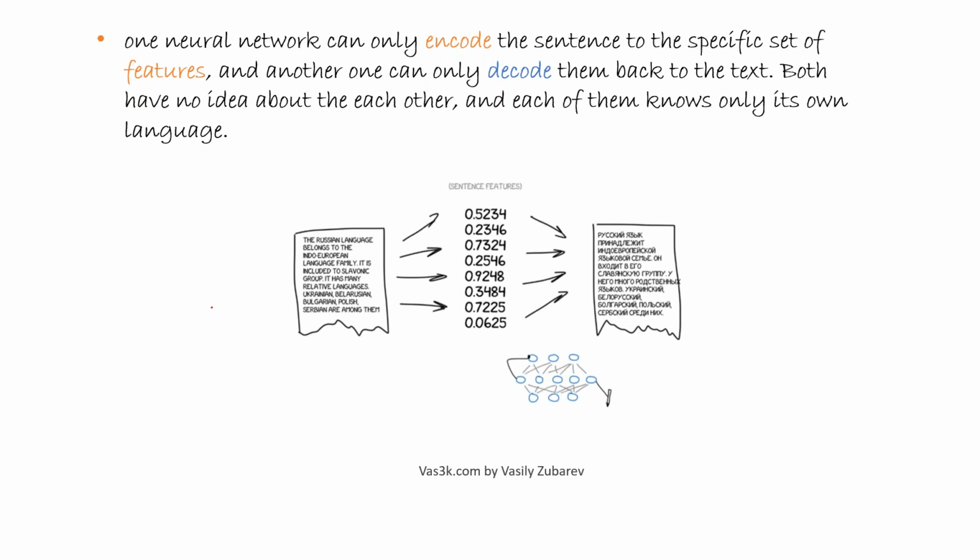So I'm talking to you with certain features, or certain numbers, right? I'm telling you some numbers, and you don't know what I'm talking about. I'm probably talking about some person, and you are trying to understand some numbers.